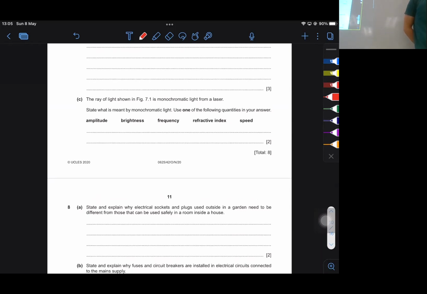It's more likely to get watered, right? State and explain: one point is your statement, the second point is your explanation. You don't have to write 2 points. You need to state 1 point and explain that point.